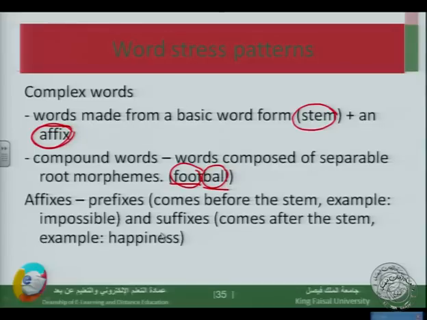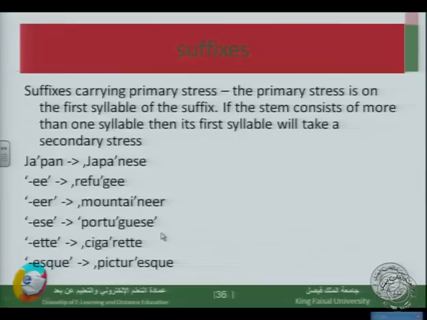Affixes might be prefixes, which we said is a group of letters that comes before the stem. For example, impossible: this is a prefix. We also took suffixes, which come after the stem, like happiness: this is a suffix. We said that suffixes carry primary stress.